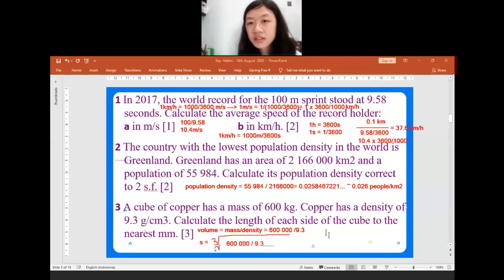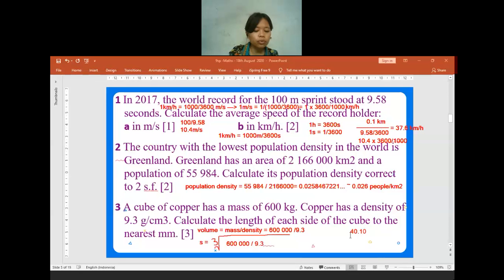Teacher, yes, it is 401.1 millimeters. So the answer that I get is 40.107239 and so on. I will not write all of them. Already find it? Okay. The unit is given in centimeter.